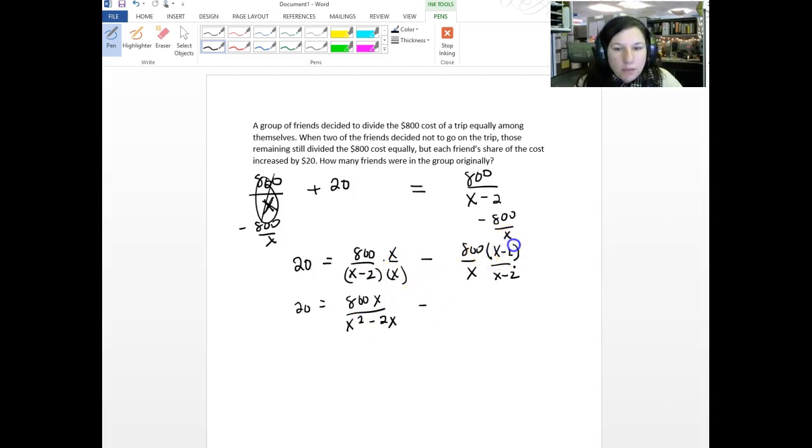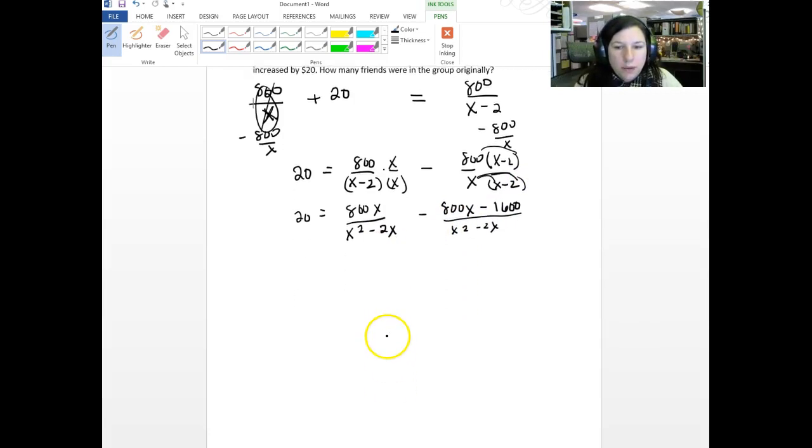And then we have the same here, 800 times X is 800X, and then 800 times a negative 2 is negative 1,600. And then this times all of this is X times X, and X times negative 2. So we get X squared minus 2X in the denominator.